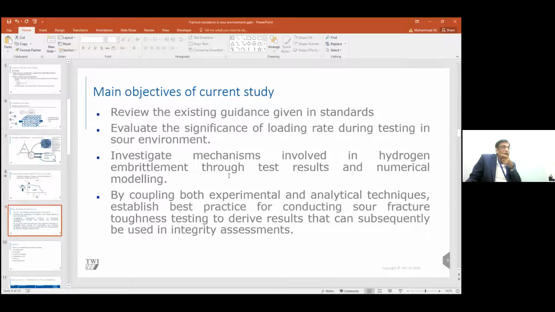And the second objective was to use numerical modeling to develop a better understanding of how hydrogen diffusion can affect fracture toughness and how experimental results can be demonstrated through a numerical analysis technique. The numerical analysis was carried out by my colleague, Tyler London.